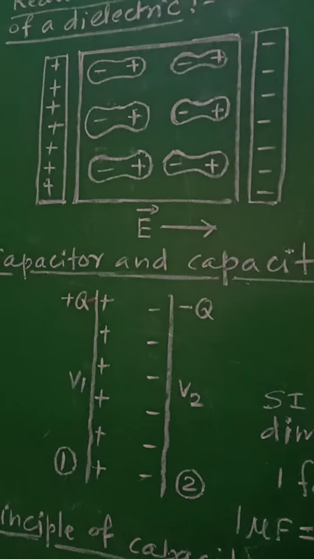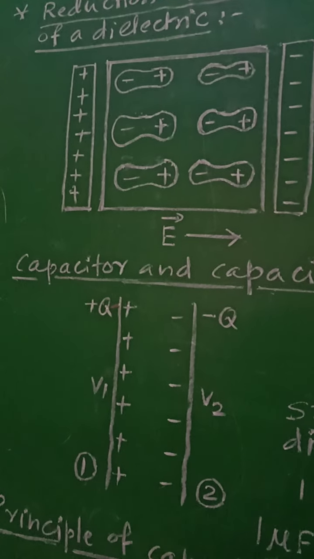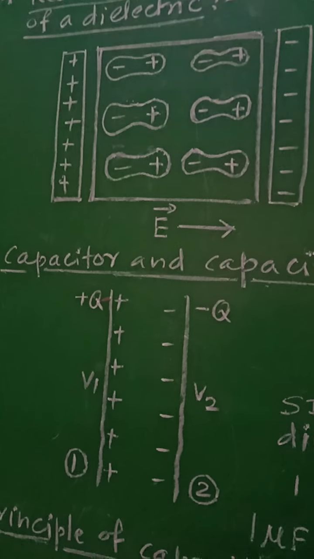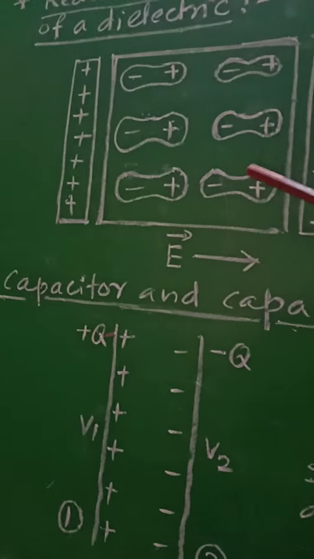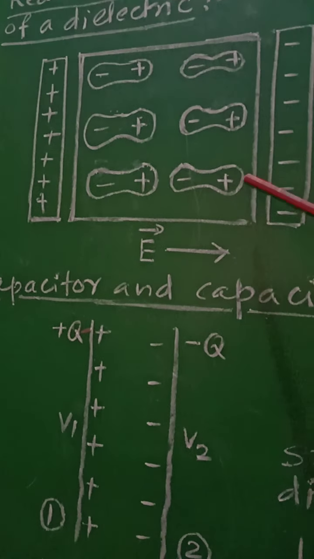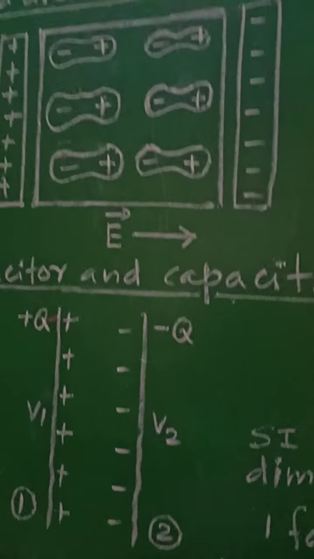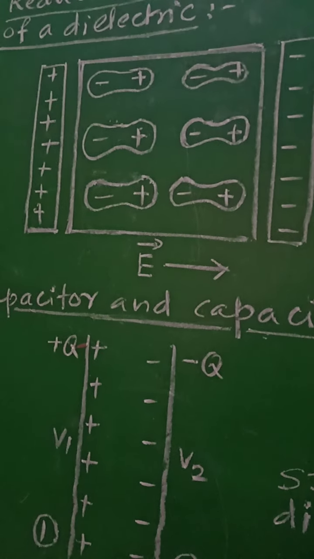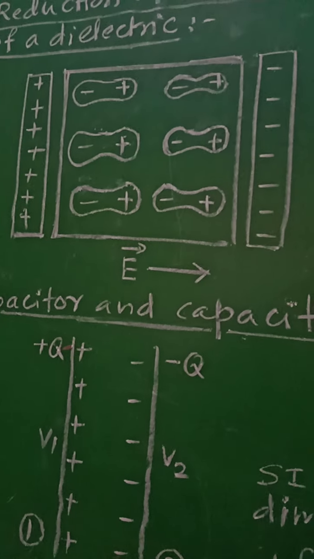So consider a rectangular dielectric slab placed in uniform electric field E. So this is the rectangular dielectric slab which is placed in external electric field E such that the electric field is acting parallel to two of its faces.